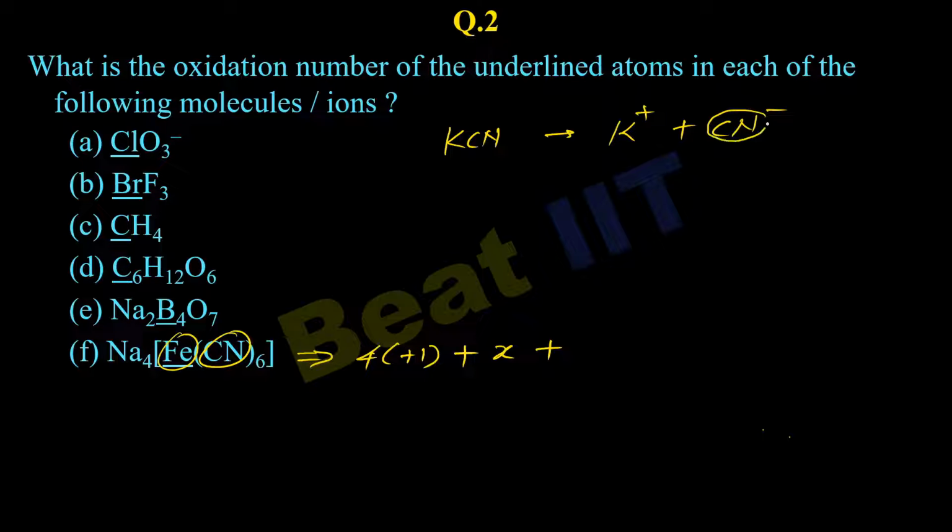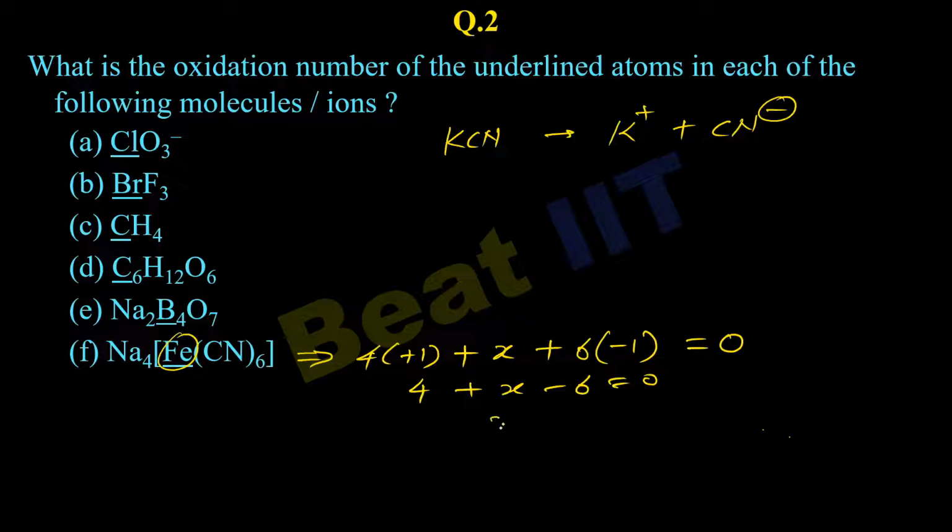Remember, if it is cyanide, you will use the oxidation state minus 1. We have 6 cyanides, so it will be 6 times minus 1, and the sum will be 0. We will have 4 plus X minus 6 equals 0, so X equals 6 minus 4 equals 2. So iron will have oxidation state plus 2 in this complex.